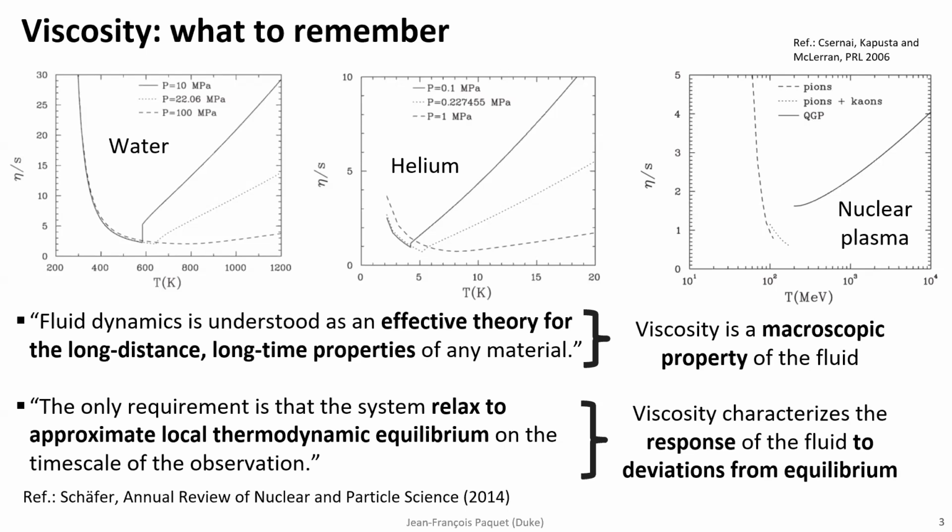And if you want a simpler way of thinking about this, just take a perfectly equilibrated plasma of quarks and gluons and perturb it in a specific way. Now, this perturbation will dissipate, and viscosity is a characteristic way that the fluid responds to this perturbation and how it goes back to equilibrium.